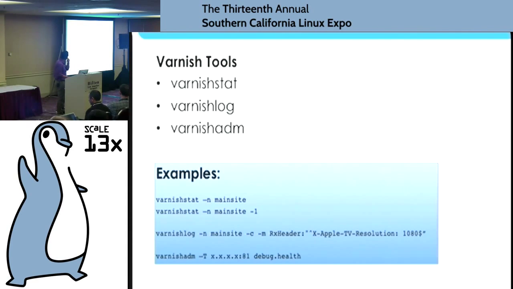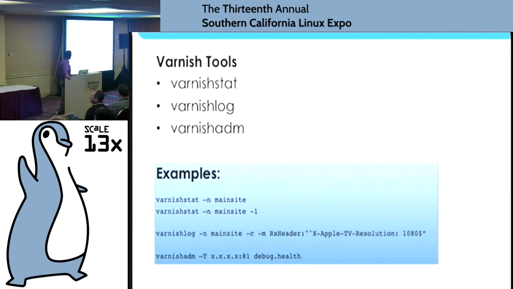Varnish debugging: Varnish stat, Varnish log, Varnish ADM. These are all tools that you should know if you're using Varnish. Varnish stat will give you a snapshot, in one plain C or interactively, of what the cache hit ratio is, what your client requests are, what your response time is, what memory is like.